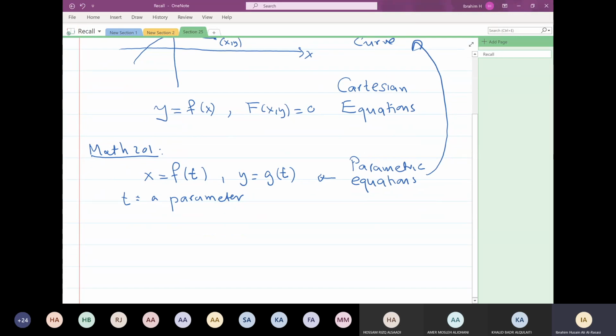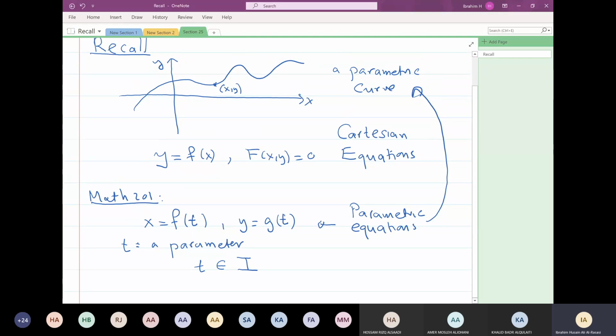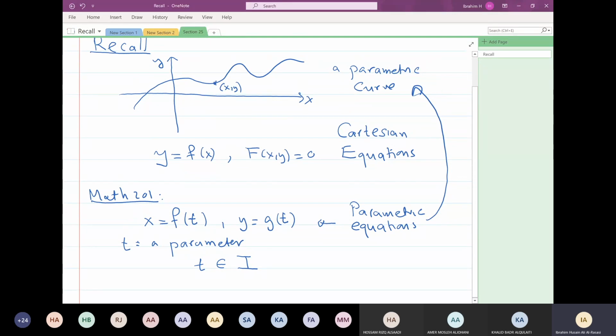Usually the parameter t will be in some interval, bounded or not bounded, it doesn't really matter. So this is the brief introduction of what we did last time, which is the definition of a parametric curve.